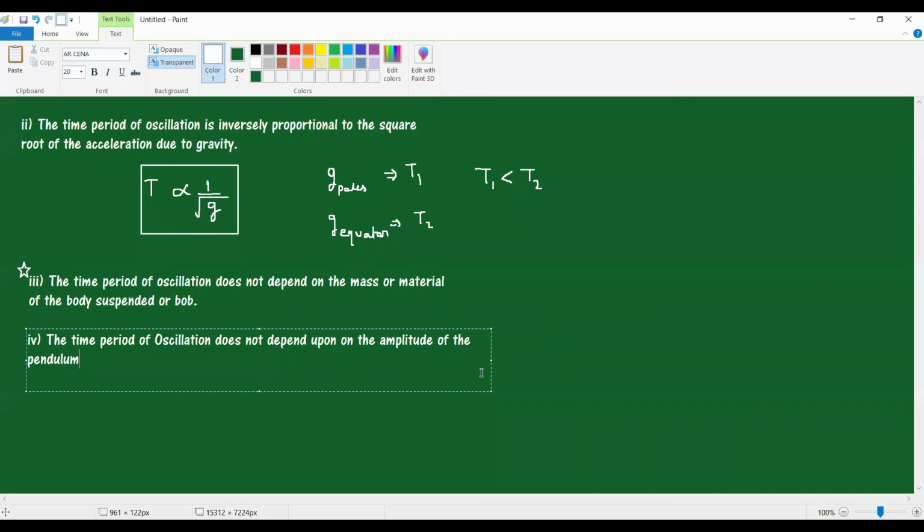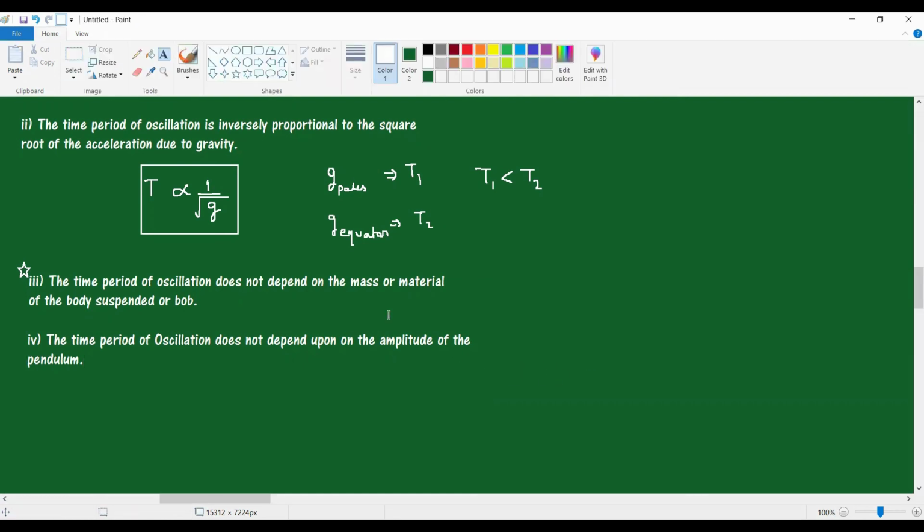Clear? Simple. So these two factors are telling us on what factors the time period does not depend. It's also very important.